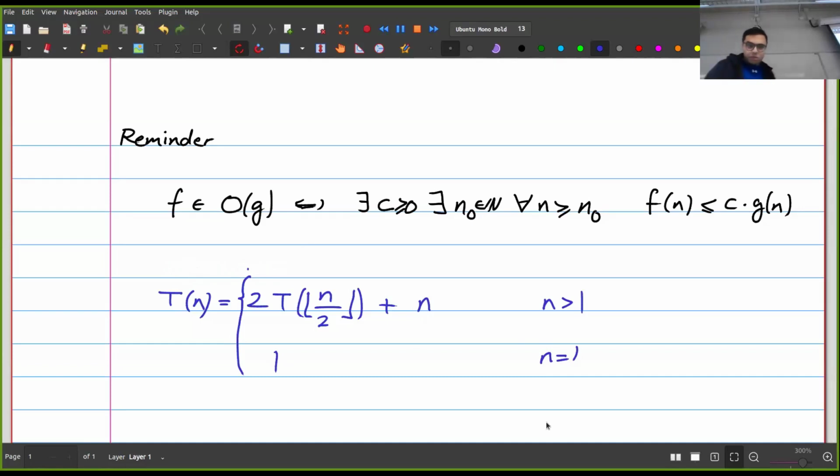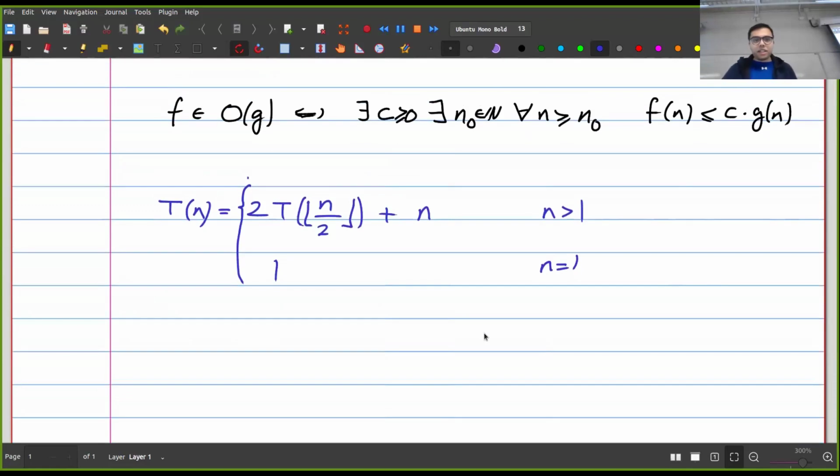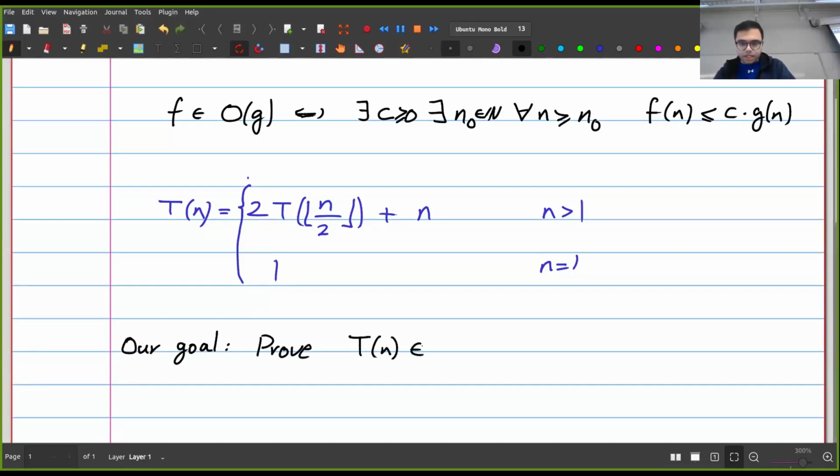And suppose that I want to prove that this T of n is in the O of something. So we've seen before actually that the answer is n log n. So our goal now is to prove that T of n is in O of n log n.